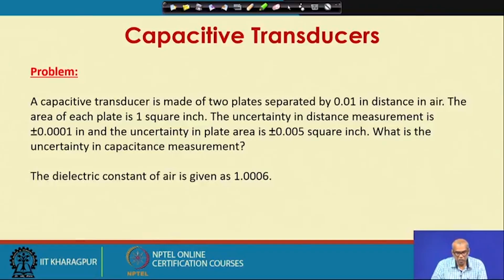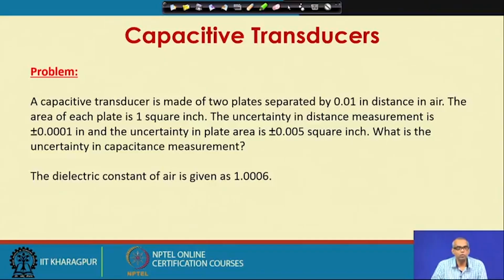So, the dielectric constant is known accurately, let us say. There is an uncertainty associated with the measurement of the distance between the two plates, and also an uncertainty associated with the measurement of the area of the plates. So, we know those two uncertainties.